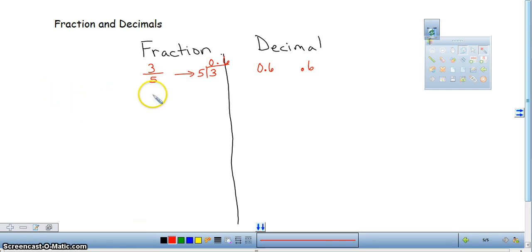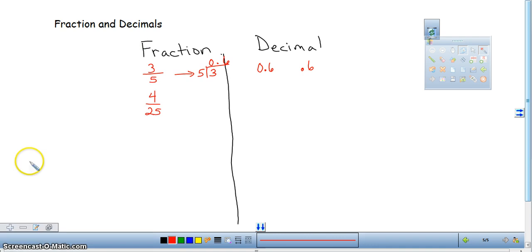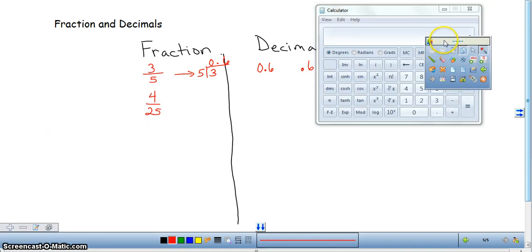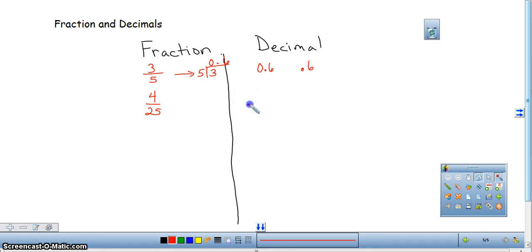Let's try 4 over 25. So if I do 4 over 25 and bring up my calculator so you can see what I do, I'm going to type in 4 divided by 25 and I get 0.16.